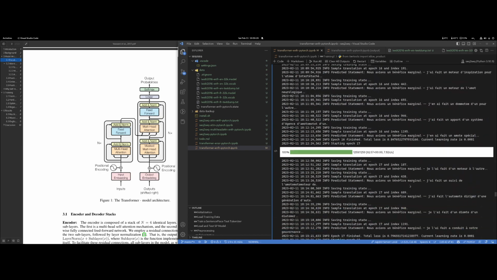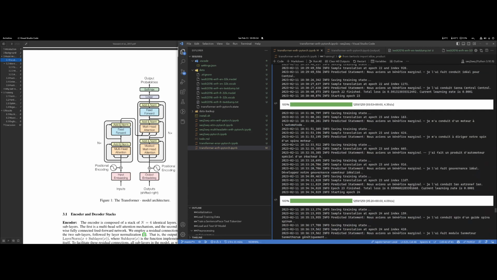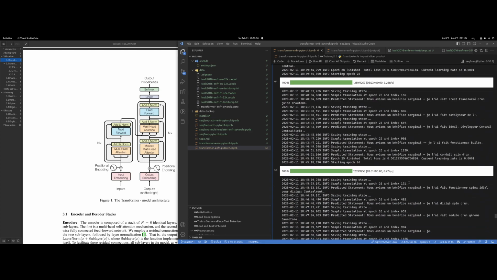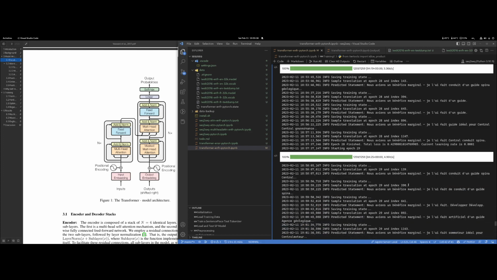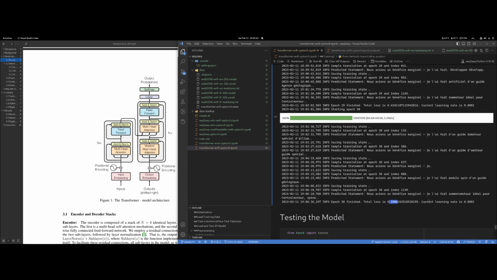The minimum loss I got was 0.39, which is not great, to be honest. I could run it further to reduce the loss, but it's good enough.